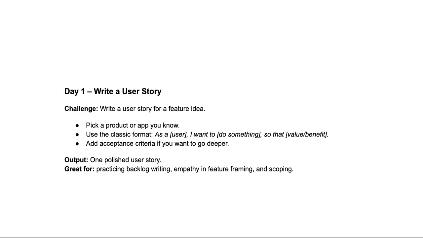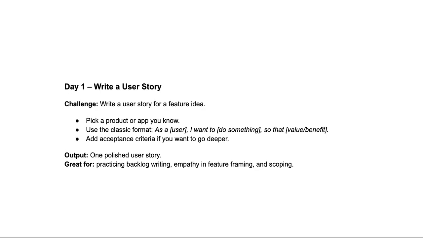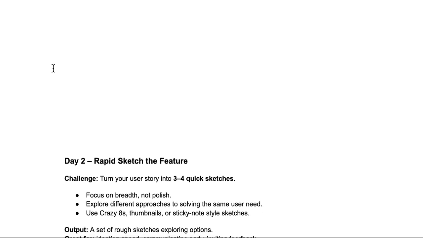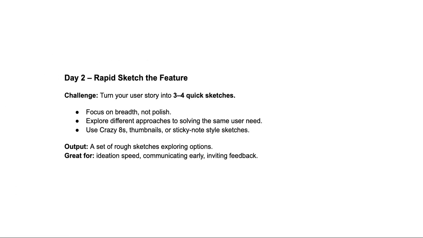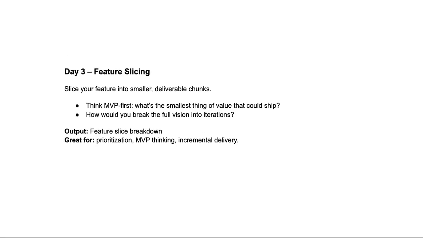So pick a feature in a product or app and write a user story. Pick something that seems interesting, something that is slightly on the complex side, so that you can, on day 2, sketch it fairly quickly, and then on day 3, do some feature slicing.